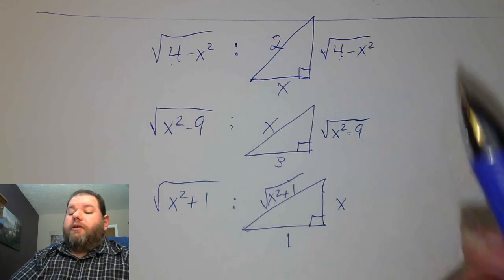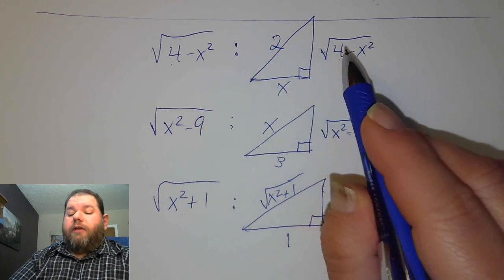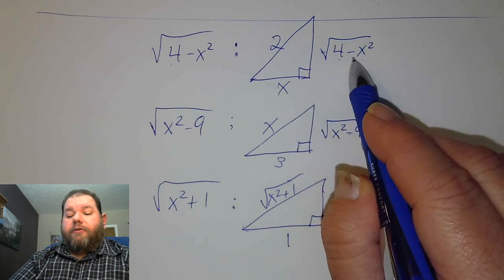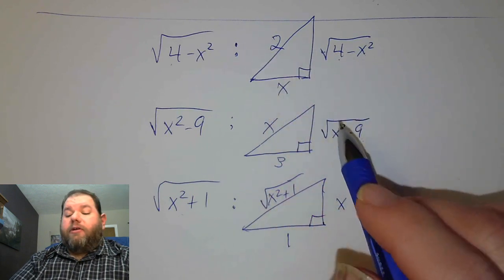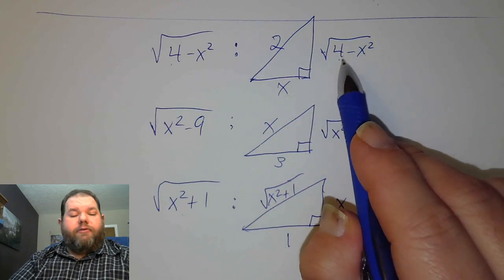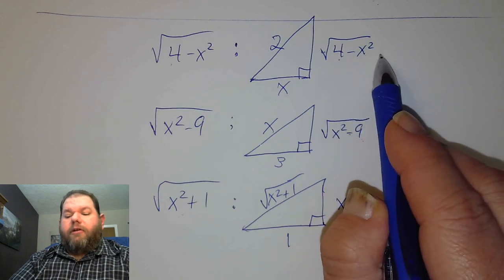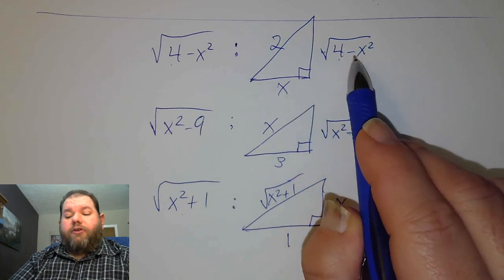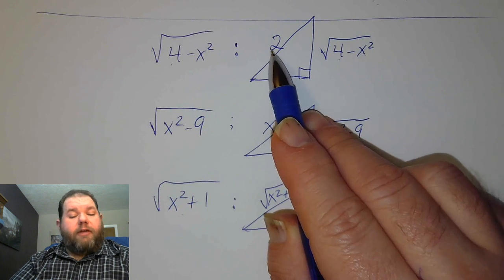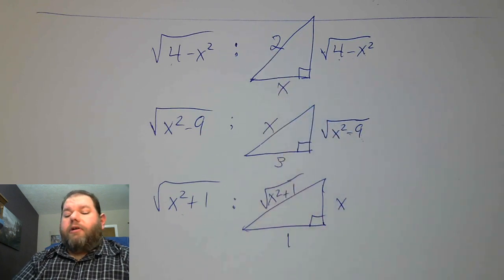And notice that if we square this side, and we square this side and we add them together, then we get the third side squared. Because if we square the square root, it's just 4 minus x squared. We add the x squared to that, which is 4, and that's identical to the hypotenuse squared, which is also 4. The same is true for all of the other constructions that we did.